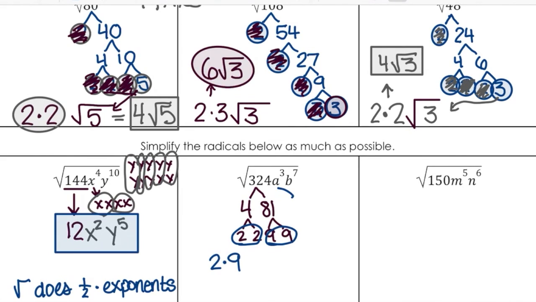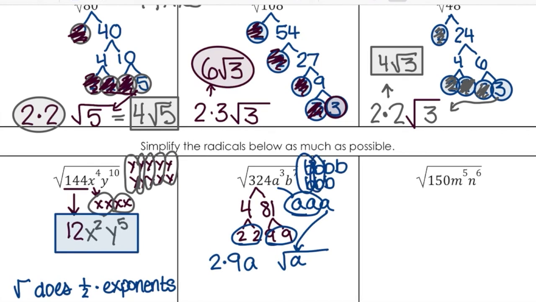Then I have 3 A's, which means I have a perfect pair I can put outside, but one of them has to stay inside. Same thing with the B's. I have 7 B's, which means I have 1, 2, 3 pairs, and 1 left inside.